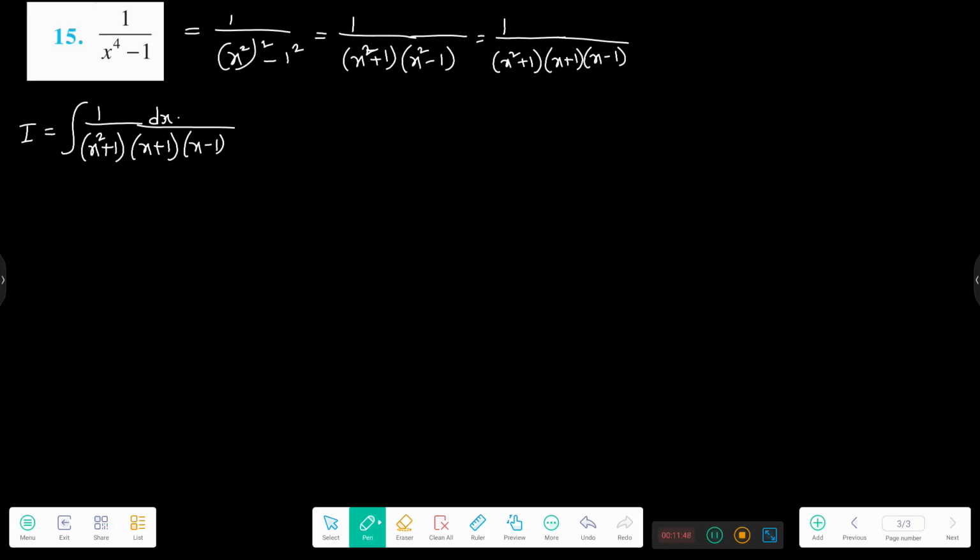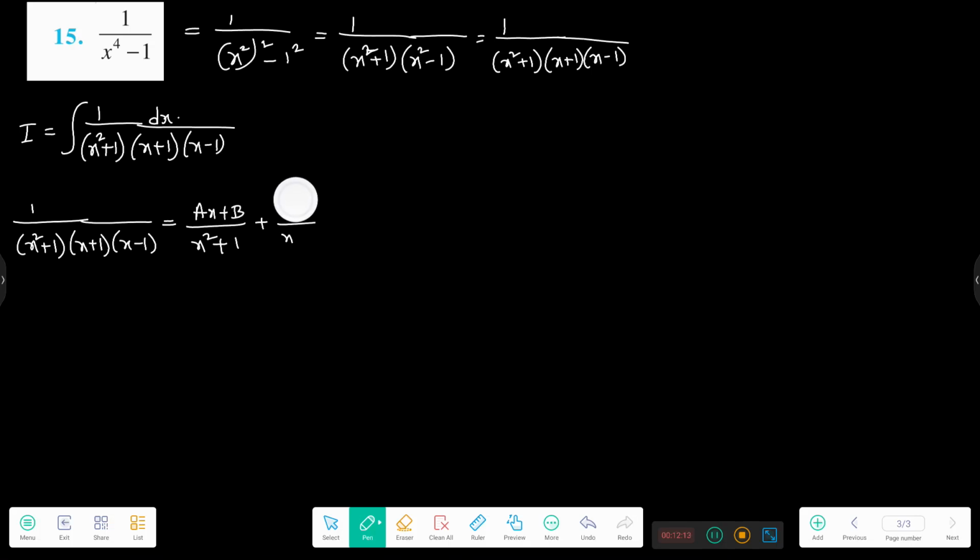Now normally the partial fraction, however we apply it, the same manner you can apply, not an issue. So 1 divided by (x square plus 1)(x plus 1)(x minus 1) is equal to (ax plus b) divided by (x square plus 1), since the square is there, ax plus b will be coming.